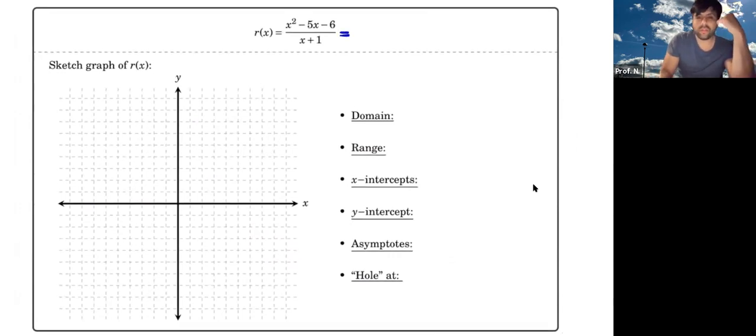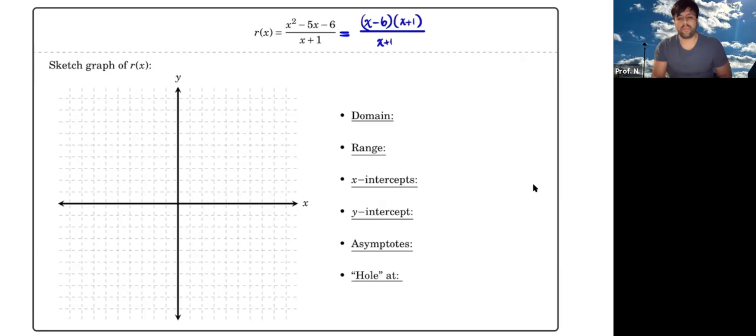Before we continue, we should see something about this rational function. The numerator can be factored as x minus 6, x plus 1, over the denominator x plus 1. So what is this?